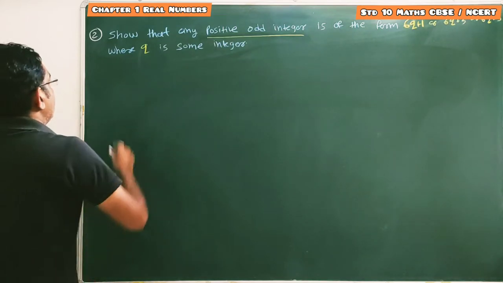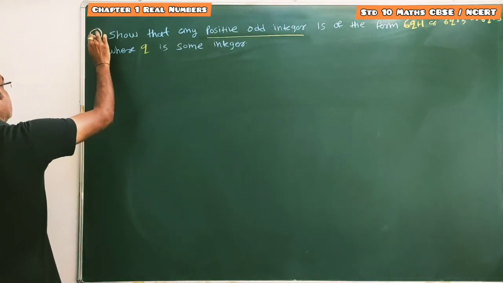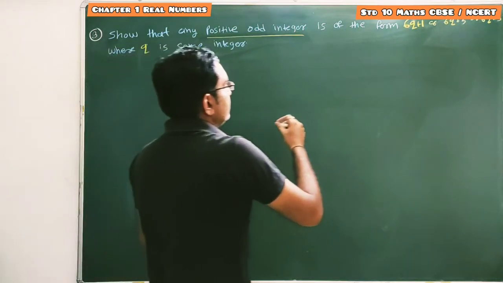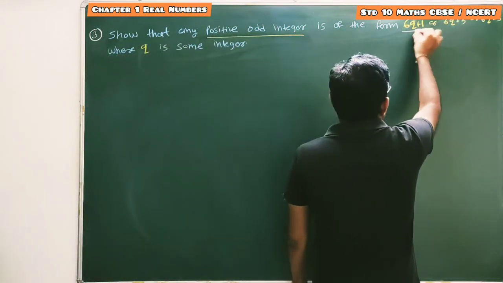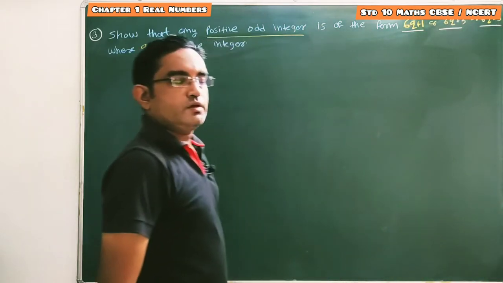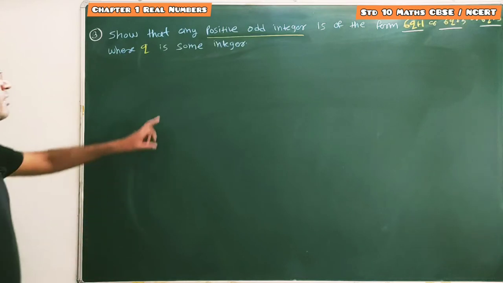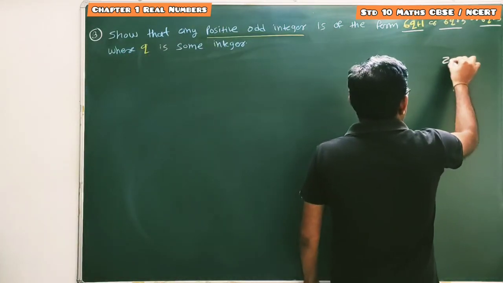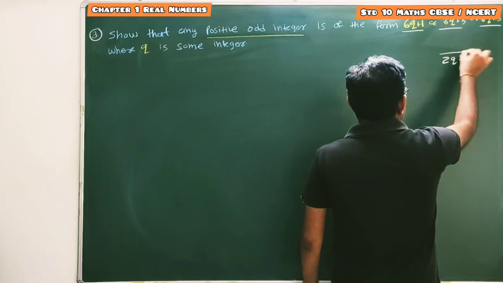Okay friends, now question number 3. Next question. Now here you have to prove that any positive odd integer is in the form of 6q plus 1, 6q plus 3 or 6q plus 5. In question number 1, we have proved that a positive odd integer is in the form of 2q plus 1.